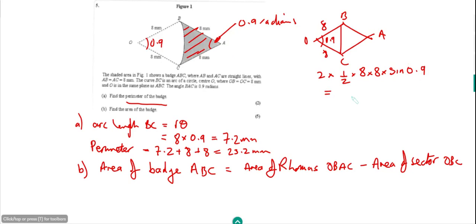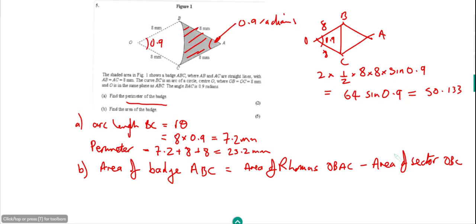If we calculate that, that's 64 sine 0.9, which gives us 50.133.